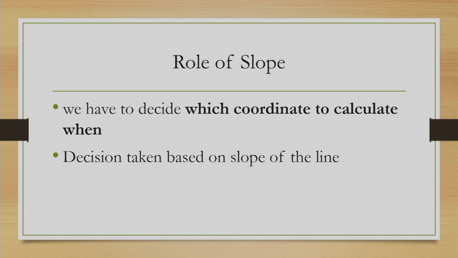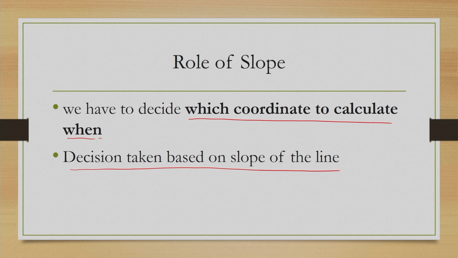Now, that is the issue here. How do we decide which coordinate to calculate and when? Should we start with x and calculate y, or should we increase y and calculate x? Now, this decision is taken based on the slope of the line. Depending on the slope, we take a call.